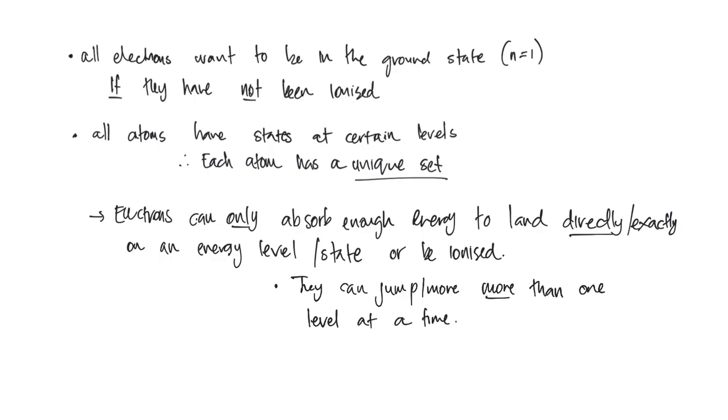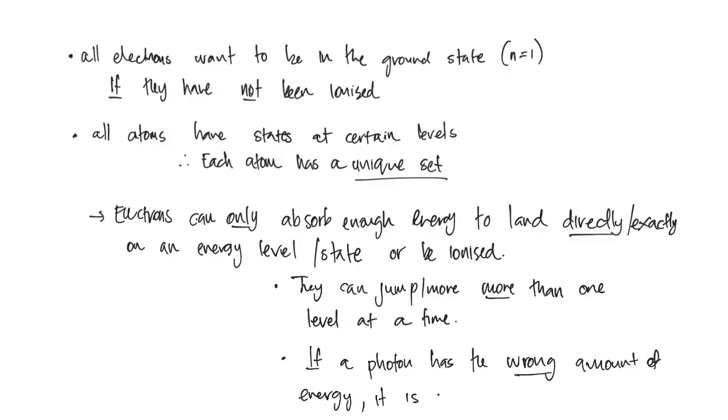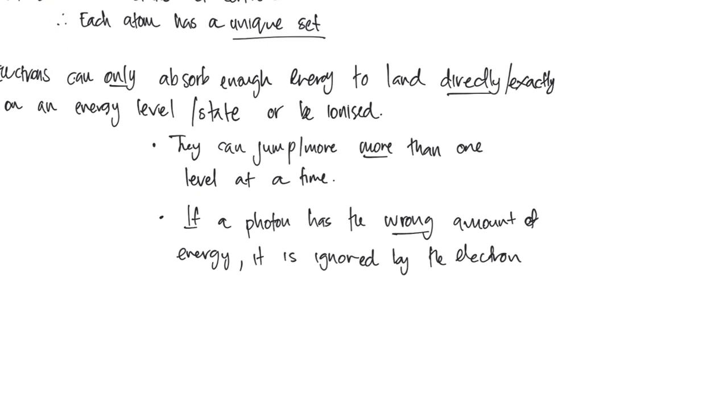That's the first thing. The second thing is, if a photon has the wrong amount of energy, that's important, it is ignored by the electron. So can you see how specific it is? When we mean wrong, two things can happen.